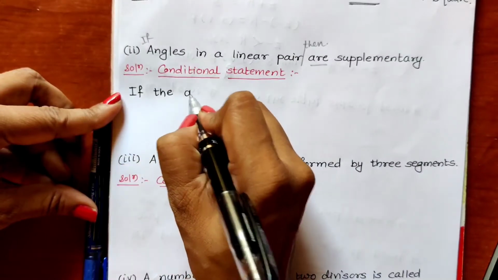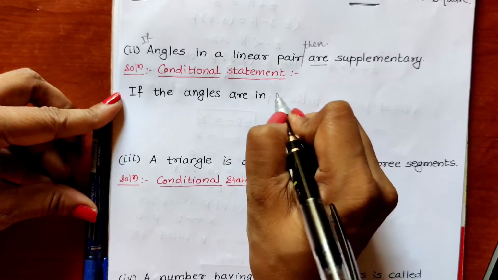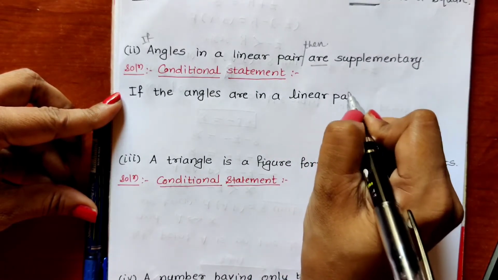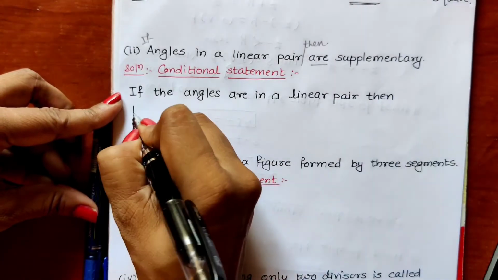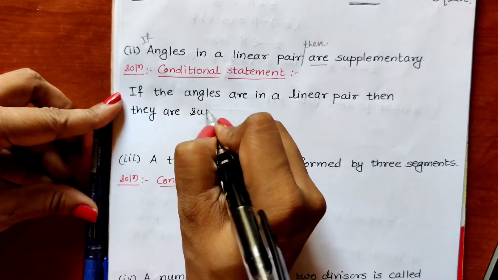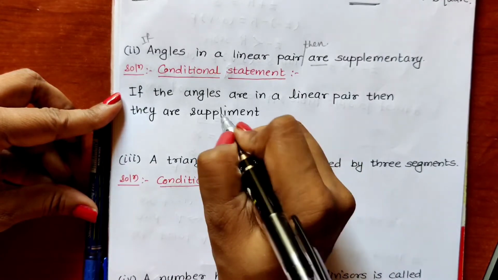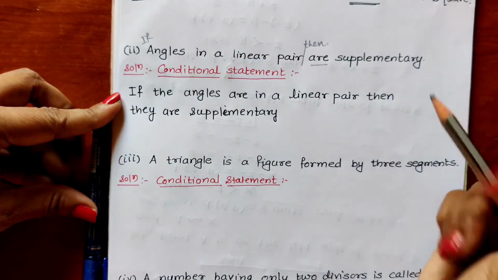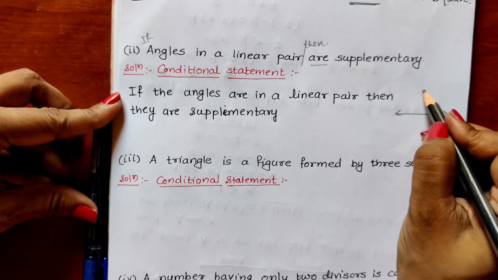So if the angles are in a linear pair, then they are supplementary. Correct? When two angles are in a linear pair, they are in the same line, we all know.